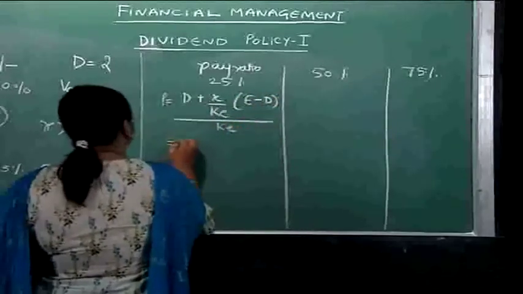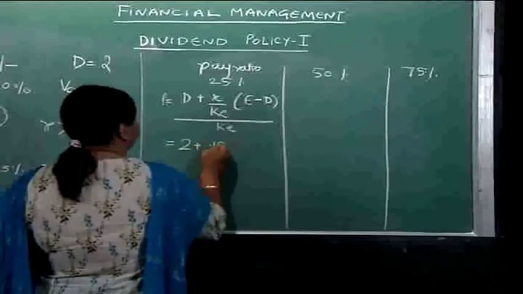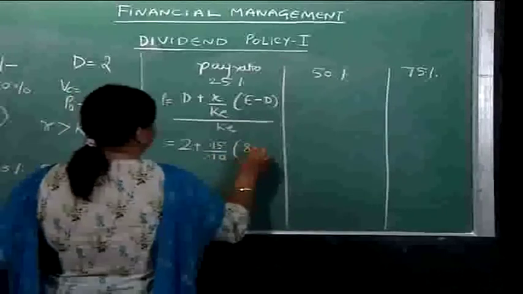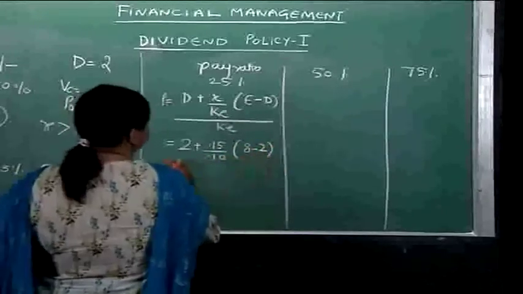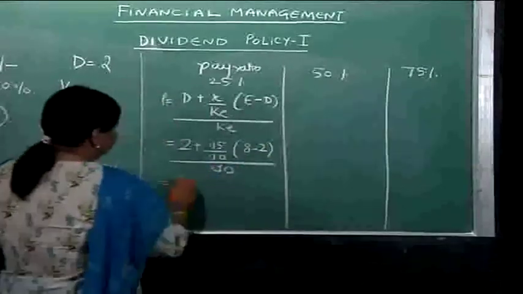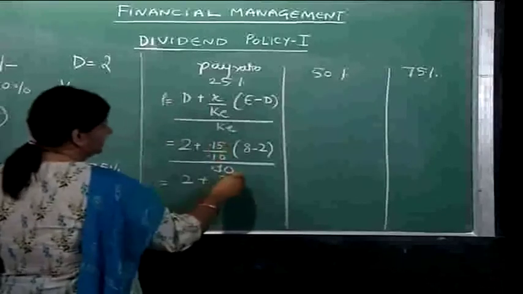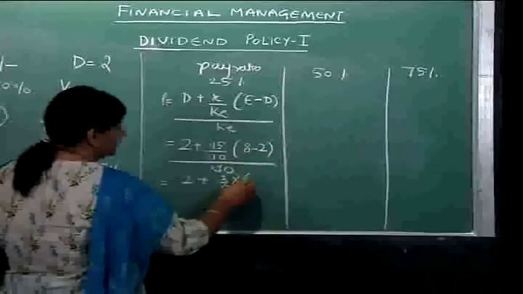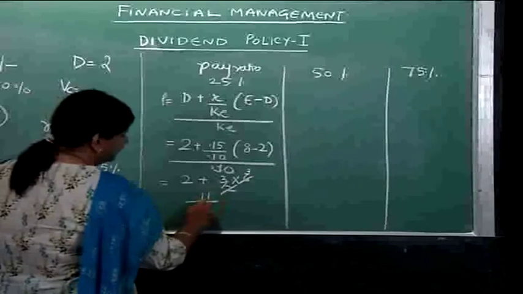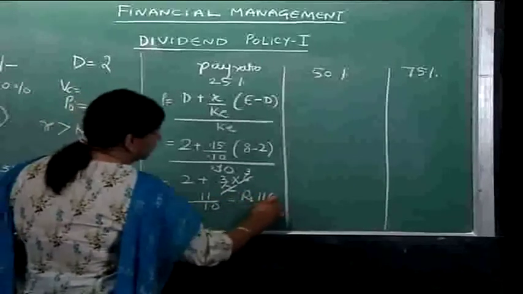Here D comes out to be rupees 2 plus 0.15 upon 0.10 bracket earnings are 8 rupees and dividend we have paid 2 rupees, divided by 0.10. So solving it we get 2 plus 3 by 2 into 6, which is 9, and 2 plus 9 is 11. 11 divided by 0.10 gives us the value of 110.